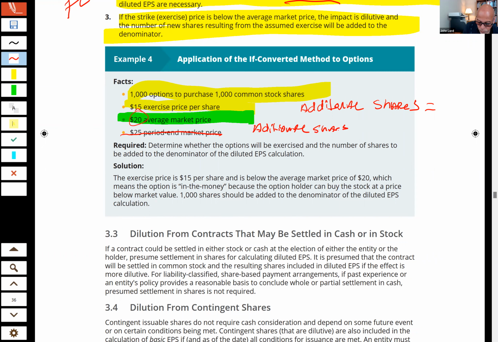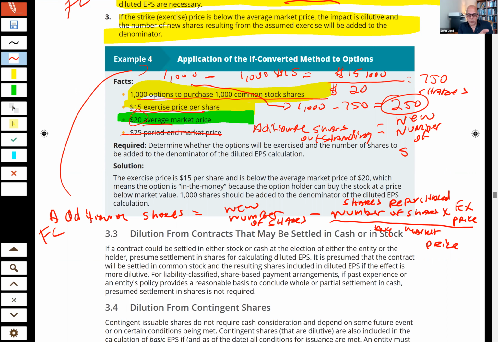So since we had to issue an additional 1,000, but we were able to buy back 750, and this is all pretend, that means we would have had to issue an additional 250 shares. And of course, that's automatically going to be anti-dilutive because the net income isn't going to change. What has changed is the denominator, as the shares have gone up by 250.